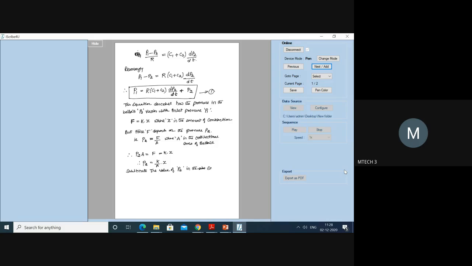P1 is equal to R into C1 plus C2 dP2 by dt, where P2 is equal to K by A into X. K by A is constant. So dx by dt. Correct. Plus P2 is equal to K by A into X.